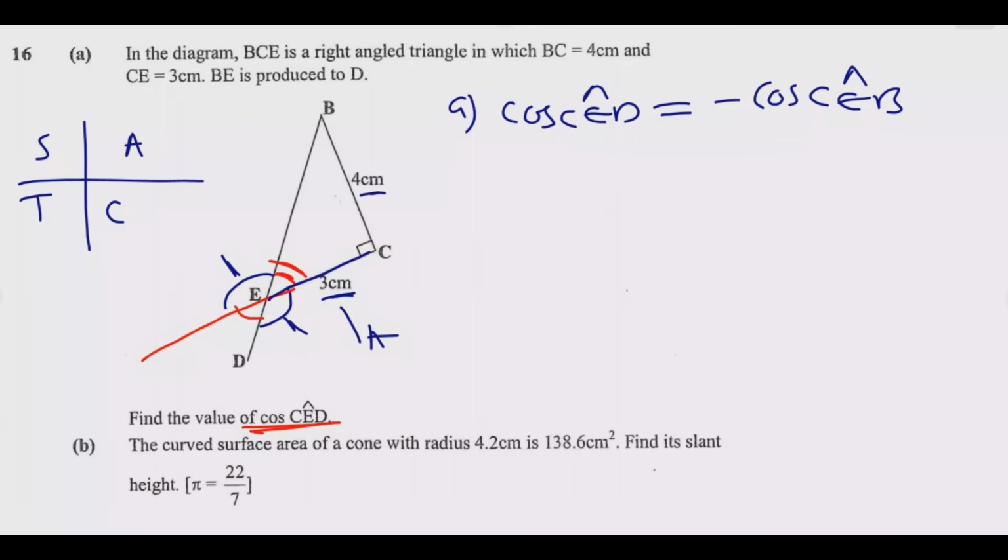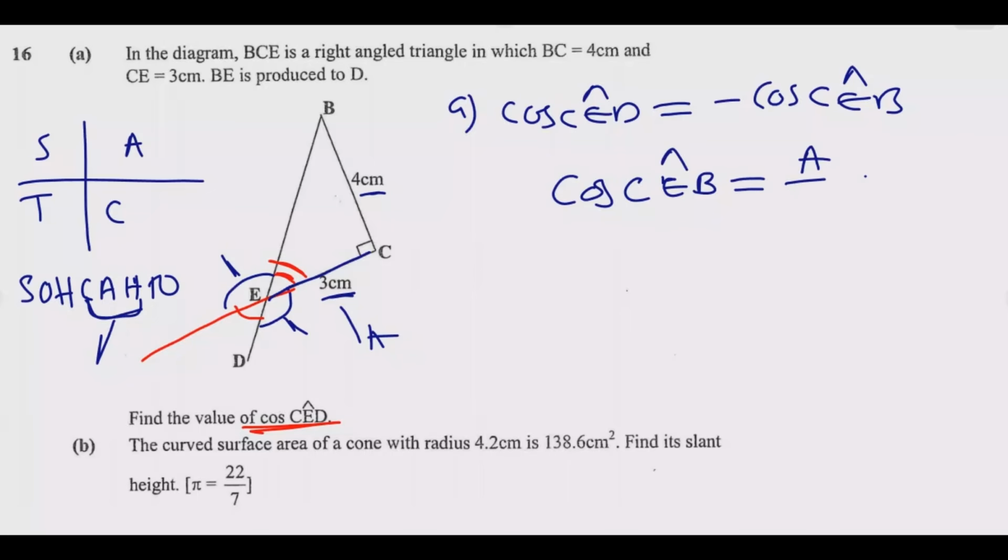Once we find the hypotenuse, then we can use the famous SOHCAHTOA. So we are going to the cosine part. This is the one that we are going to use. So cos angle CEB equals adjacent divided by hypotenuse.